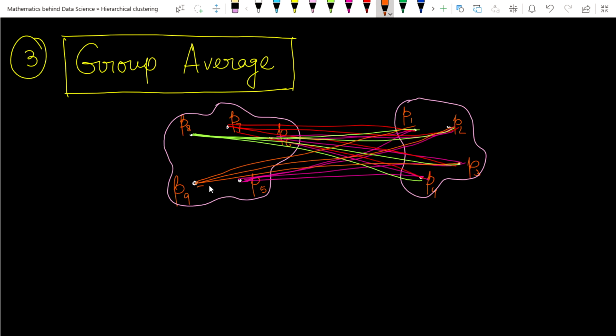Each pair of values we have to compute first.